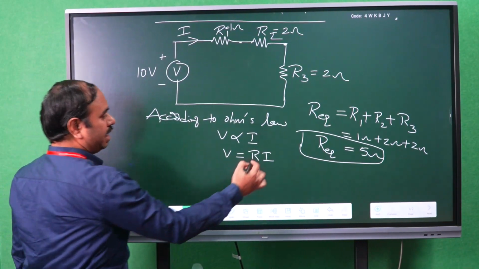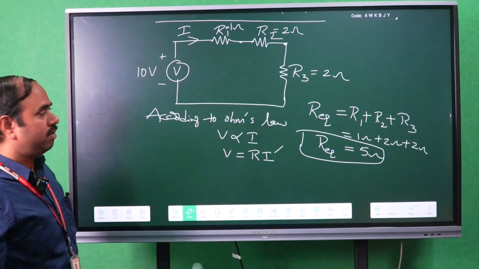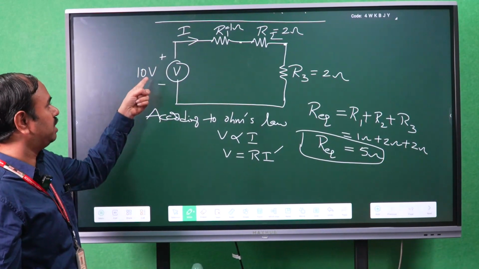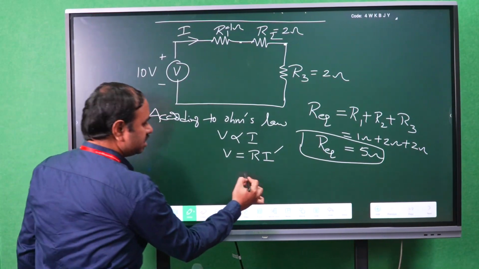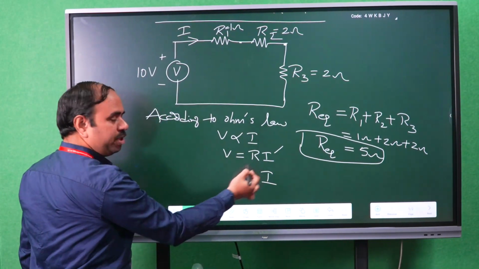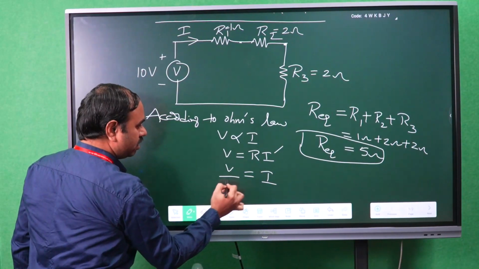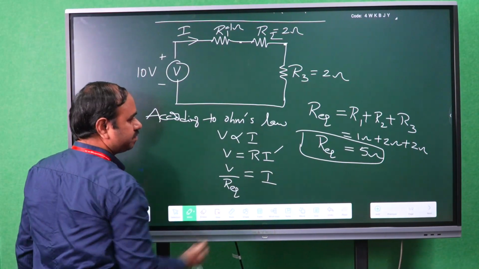So from this we have to calculate current I. Why? Because voltage source was given and the resistance is also mentioned. So from this, I is equal to V by R equivalent.